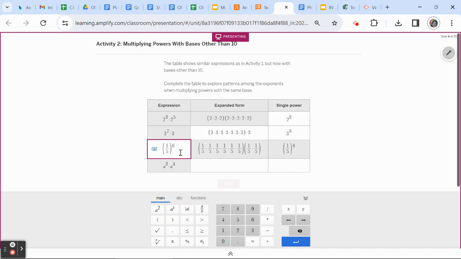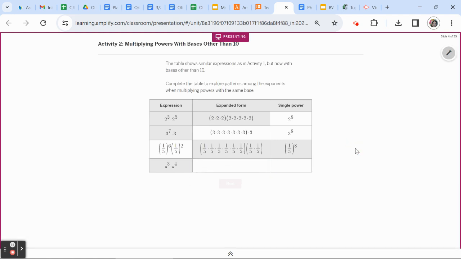Then let's see if they'll let me copy and paste. Copy it. I can get rid of this little square. There we go. 2 times for that one.